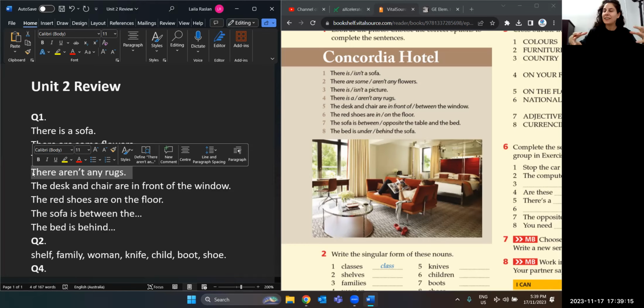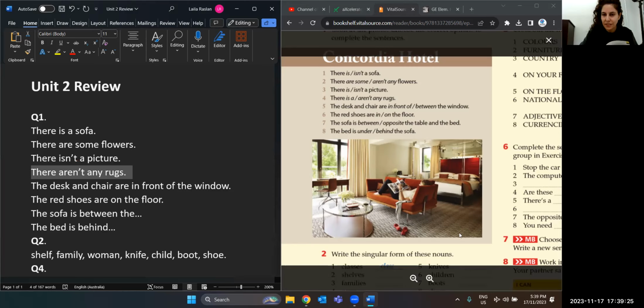Because you remember rugs are like a little bit smaller. You put them maybe just in the lounge room or a little one in your bedroom. It's very different to a carpet. That's a carpet. So there aren't any rugs. We know that we use any in negatives and questions. Number 5, the desk and chair are, so that's here, in front of the window.